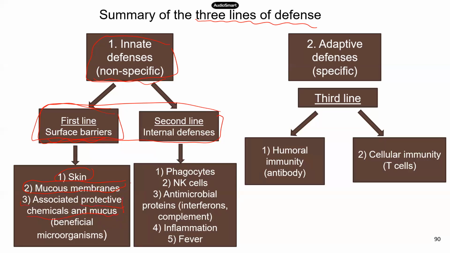Most of you probably know that the skin is a little bit acidic, right? And a lot of the pathogenic organisms do not like that acidic environment. So they don't grow, they don't multiply very well in the acidic environment, such as the skin. So the salts and the acid secreted by the skin are protective chemicals.